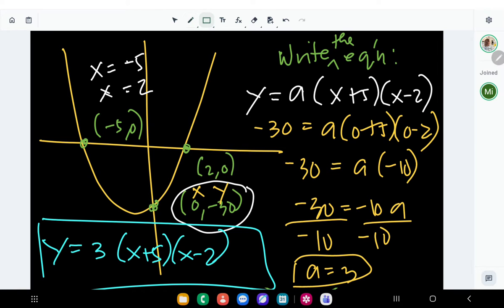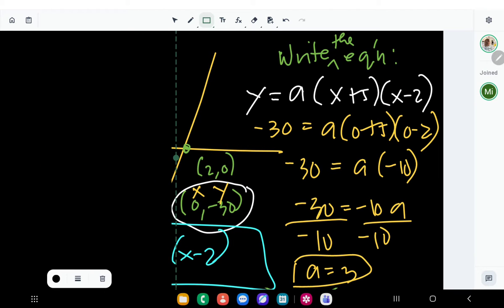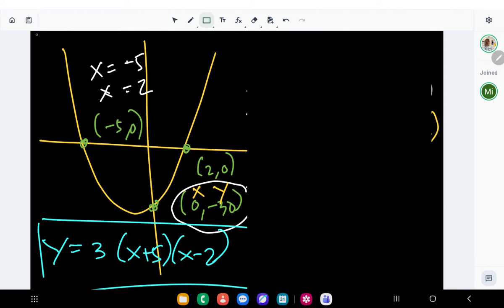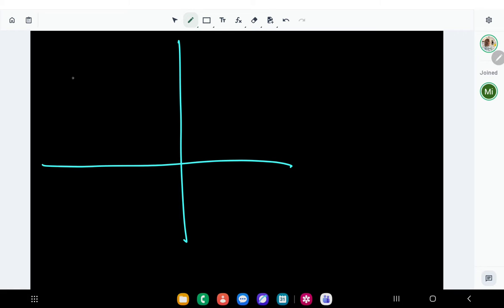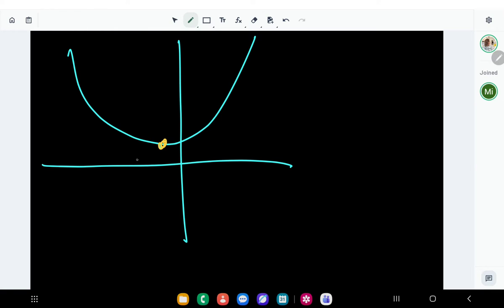But what if you're given a graph like this, and this is your parabola, and you're given the vertex, negative 2, 3?